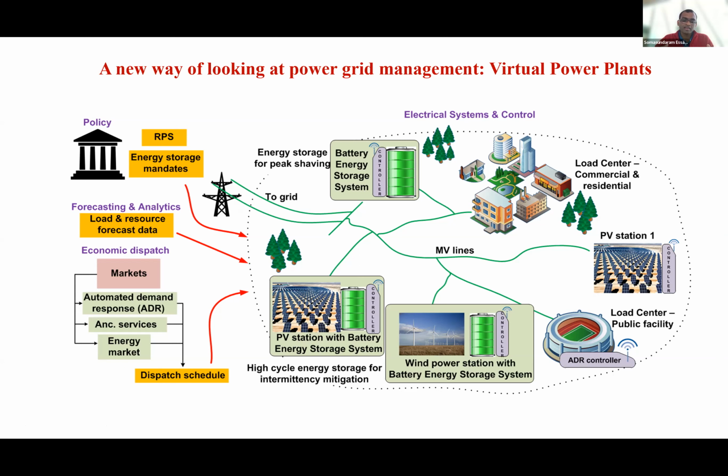So all of that tells the grid operator how much load is going to be consumed at a future time period, and how much resources are available at that same future time period.